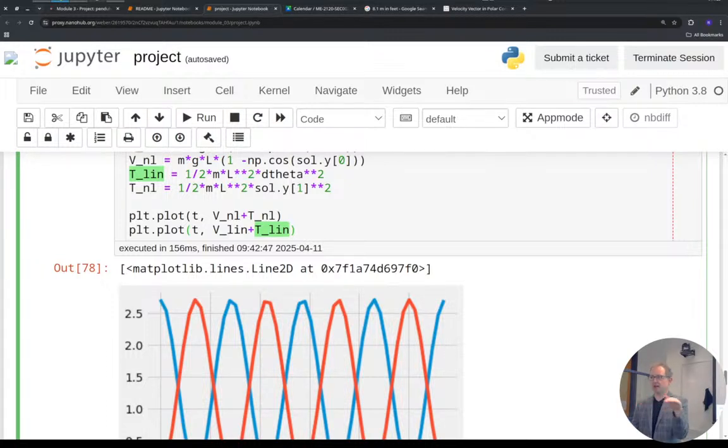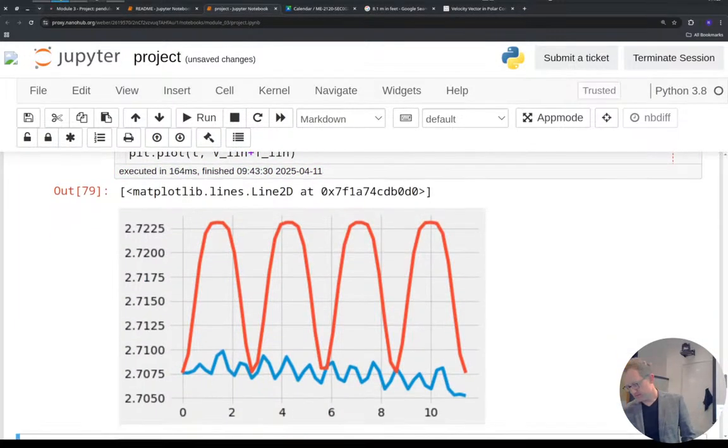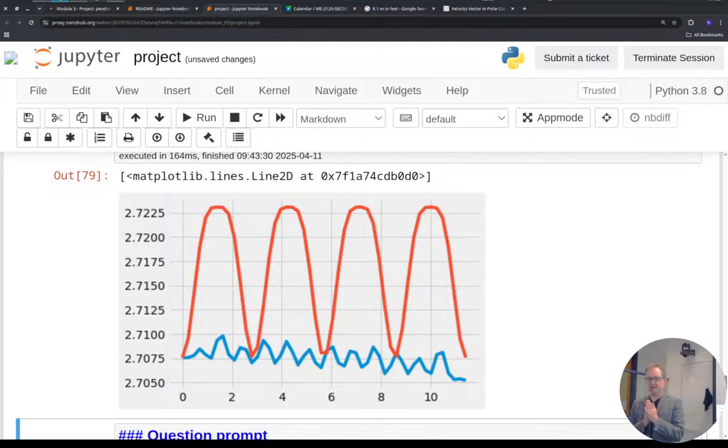It should be a flat line, right? Nothing changing. What do I actually see? It's basically a flat line.